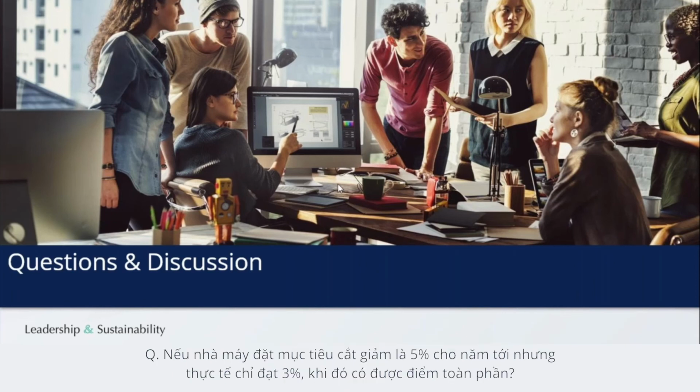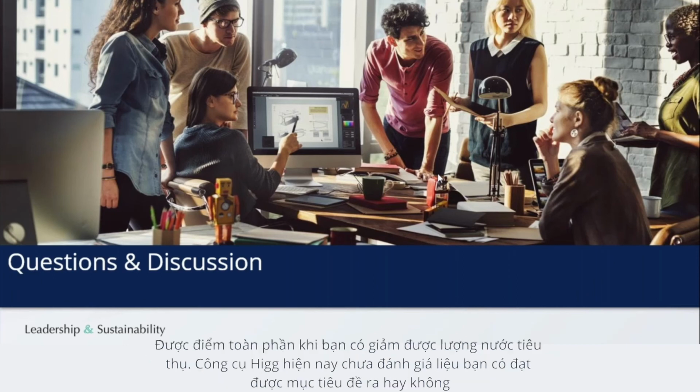And then we have a question here. If a facility sets a target for the next years as decreasing water use 5%, but in the next year they achieve only 3%, will the facility get the point or not? Yes, you will get points if you have reduced your water consumption. The tool currently does not compare with your actual target.